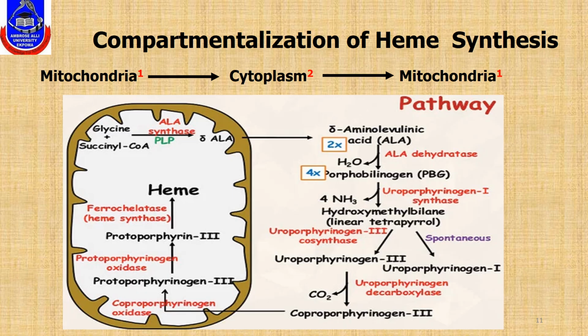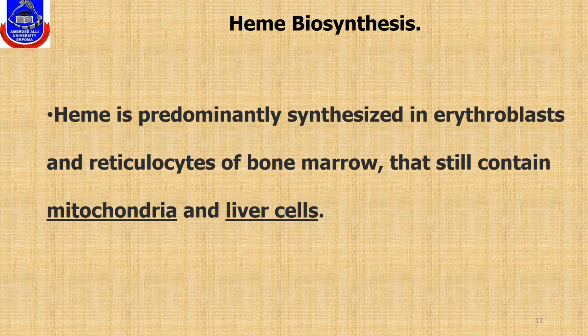Now, the pathway is displayed here. You can see the arrows directing the paths of the reactions. Heme is synthesized in erythroblasts and reticulocytes of the bone marrow that still contain mitochondria, and in liver cells.